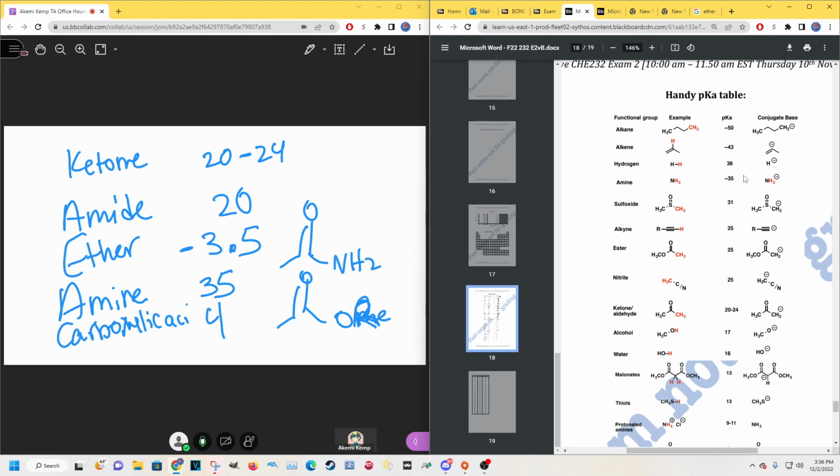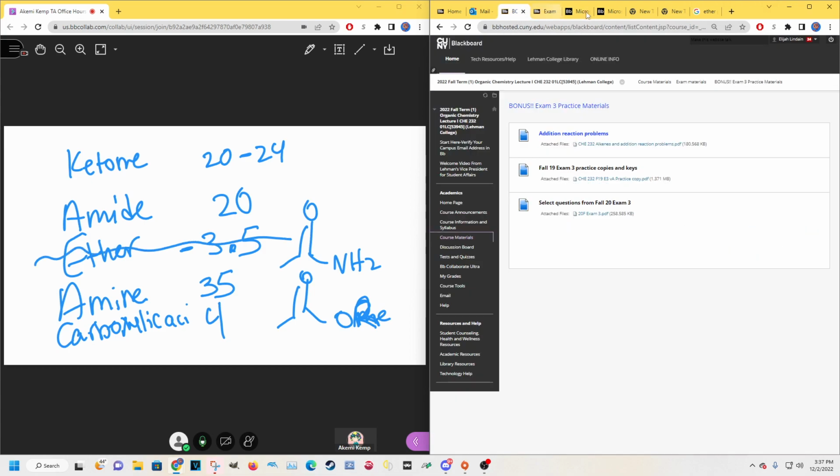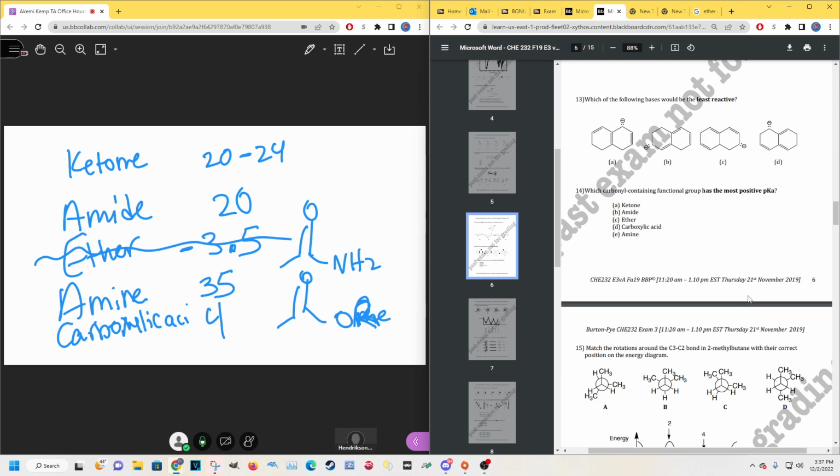Amine we had said was around 20. Ether was negative 3.5, so ether we can automatically cancel out because we're looking for the most positive pKa, not the most negative. Amide is 35 and carboxylic acid is 4. So the answer would be amide, which is the most positive.